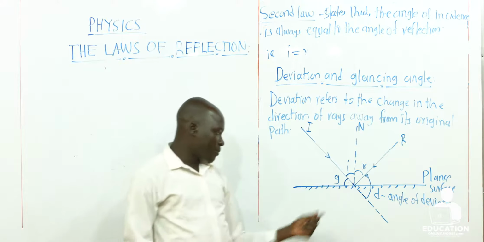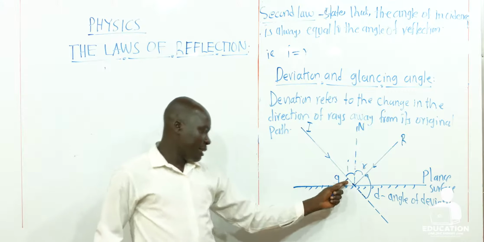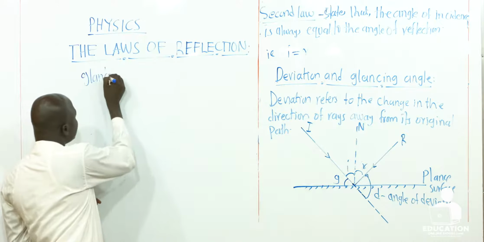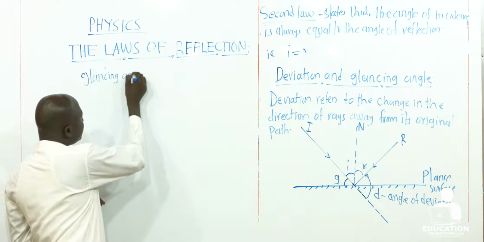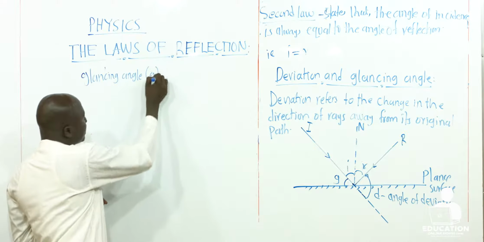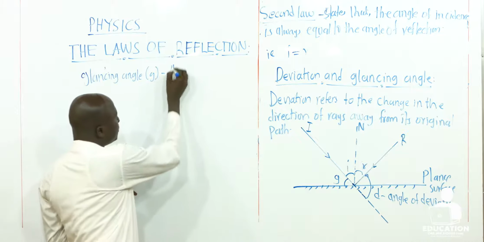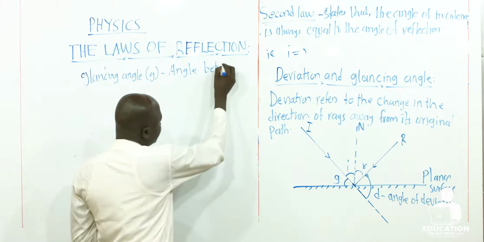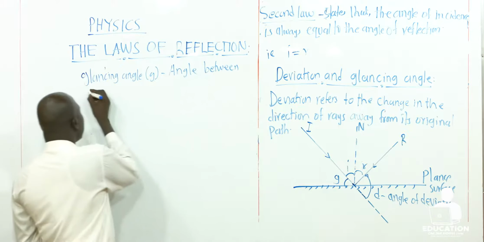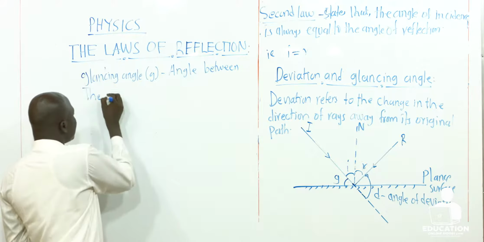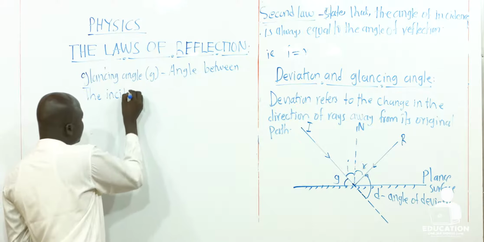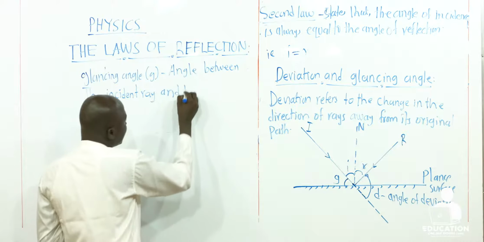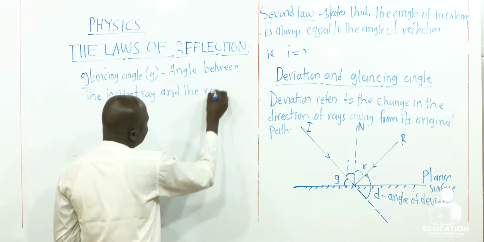So glancing angle, which is letter G, is the angle between the incident ray and the reflecting surface.